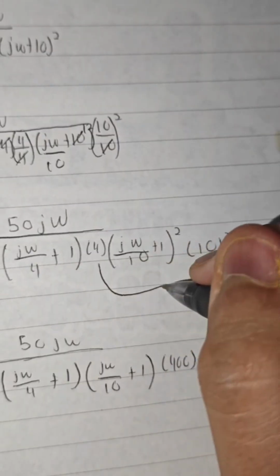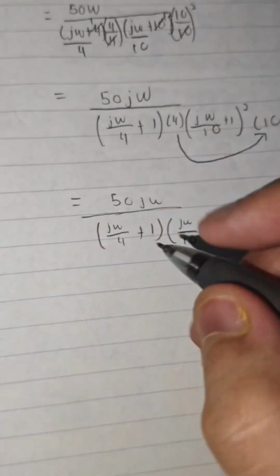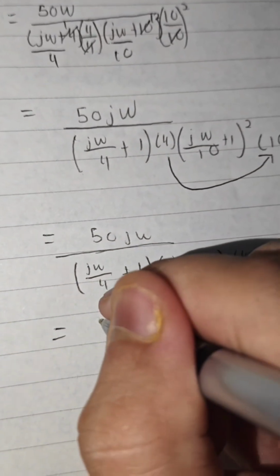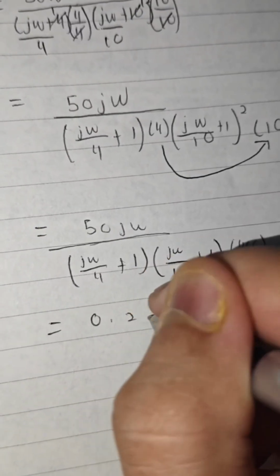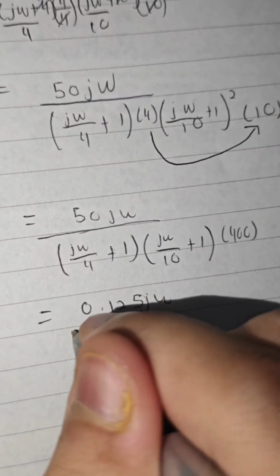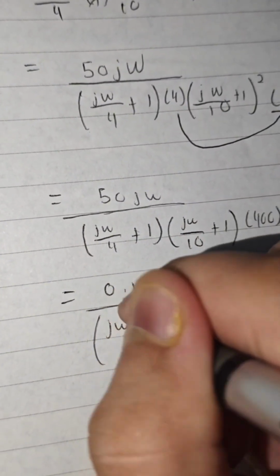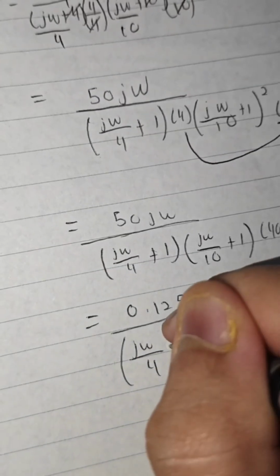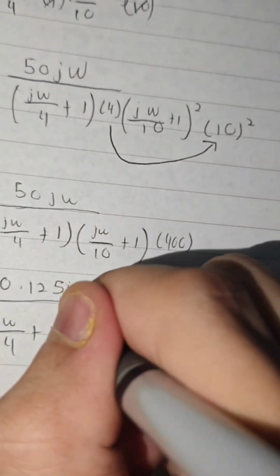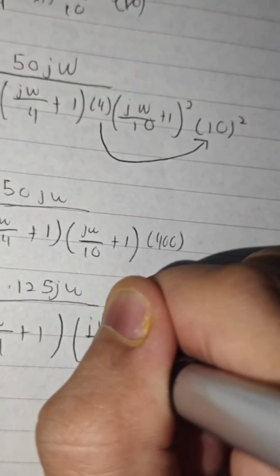Next step, as I said, we divide 50 by 400, which gives 0.125 j omega, and the others remain the same, j omega over 10 plus 1. So this is the standard form for this transfer function, and we will use this standard form to draw the magnitude Bode plot graph.